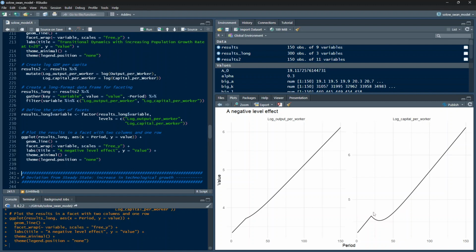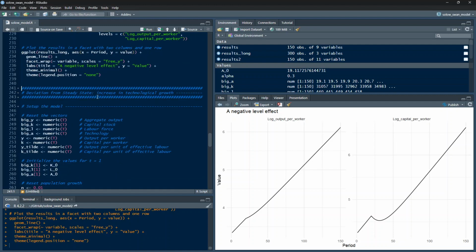And while the growth rate of the economy appears to be the same as it was before, there's this kind of falling behind effect where the overall level is actually lower than it would have been previously. So you can sort of imagine the dotted line continuing here above and parallel to this solid line. Now this is what we call a negative level effect.